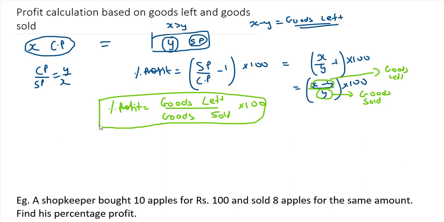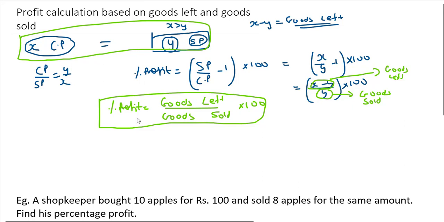So as you can see in this formula, you don't have to worry about what is your cost price per unit, what is your selling price per unit. All you need to do is make sure that your total cost price and the total selling price are equal. Once these two are equal, you can directly use this formula of goods left upon goods sold into 100 and can obtain your answer for percentage profit.